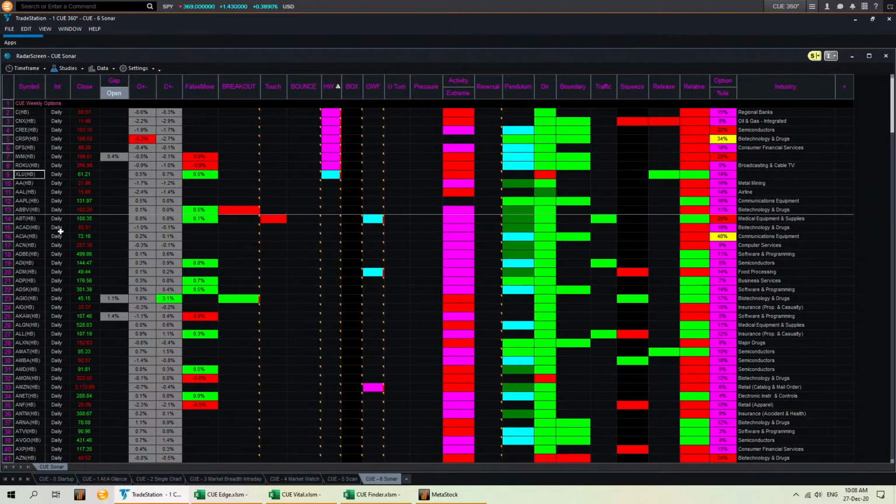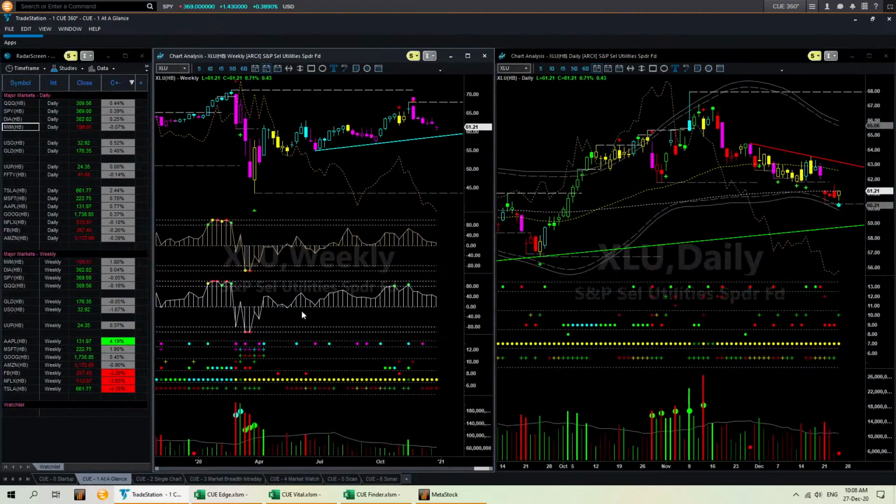Now if I click on XLU, it will come to my yellow color at a glance, and indeed it has a bullish headwind signal. The XLU ETF on the daily chart has a bullish headwind signal and it is about to regain the white direction line. Yellow direction line is still above it and it has a trend line resistance.